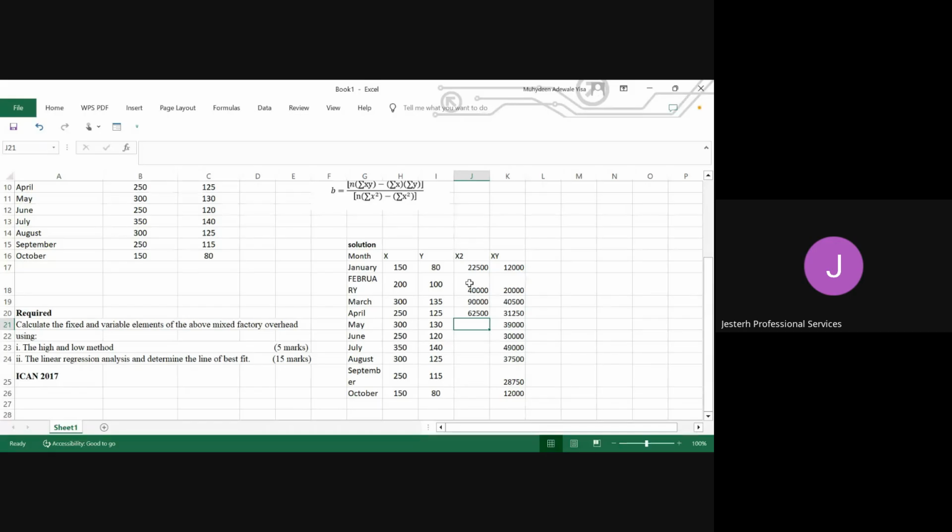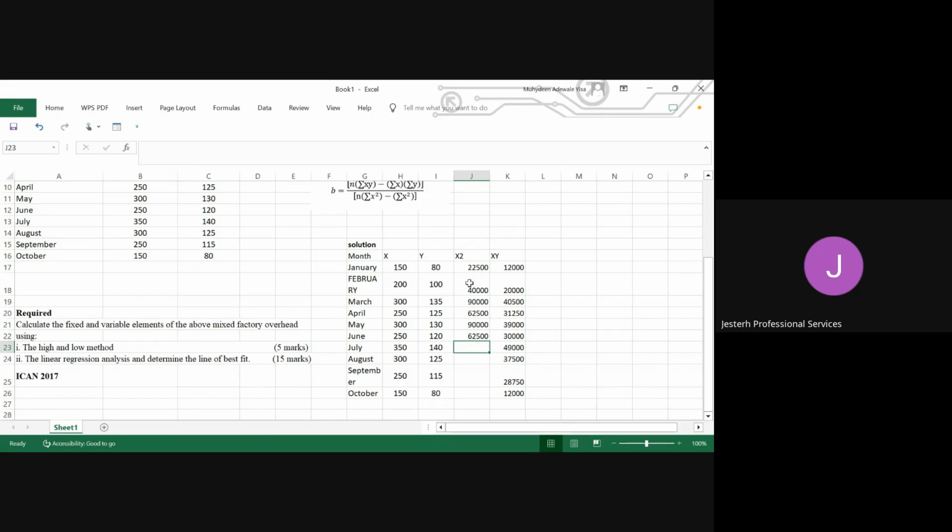All these things are just to help us know the summation of Y, the summation of X, the summation of X squared, and then the summation of XY.